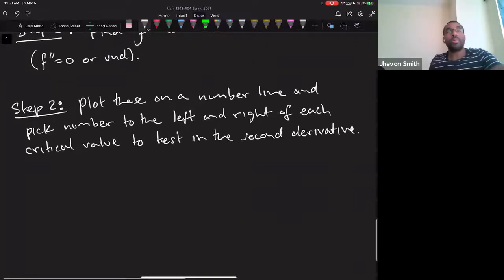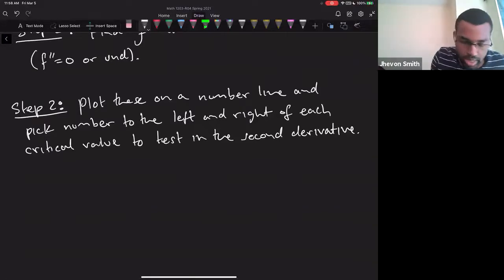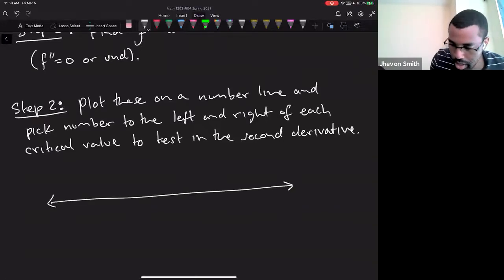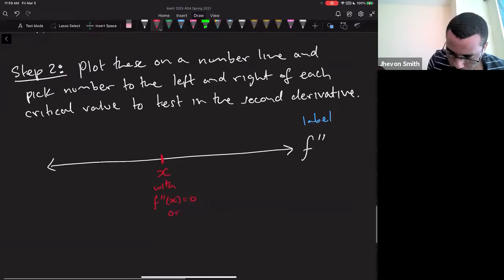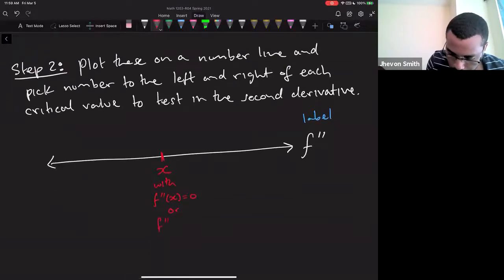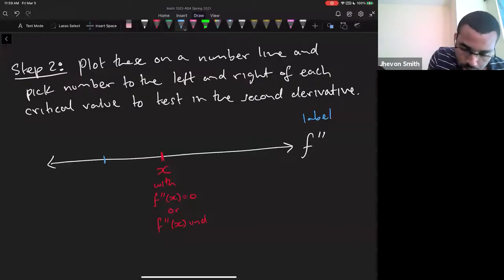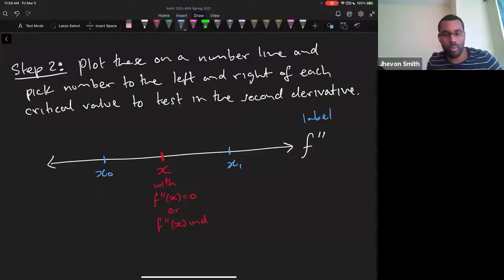Now, within the same problem, you might have to do both of these tests. So what I would do is label this f double prime so I know which one I'm looking at. And so let's say here's an x value with f double prime of x equals 0 or f double prime of x undefined, and I'm going to pick a random number over here and another random number over here on either side.